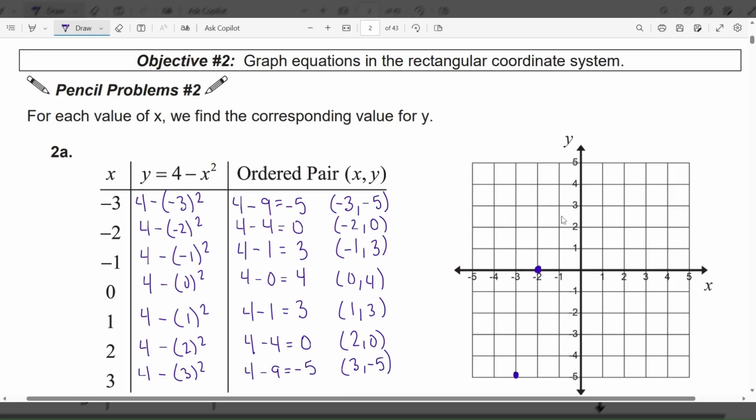Negative 1, positive 3. 0, 4. 1 and 3. 2, 0. 3, negative 5. All right, now don't talk about my line now, because I'm not an art major. But you get the idea.